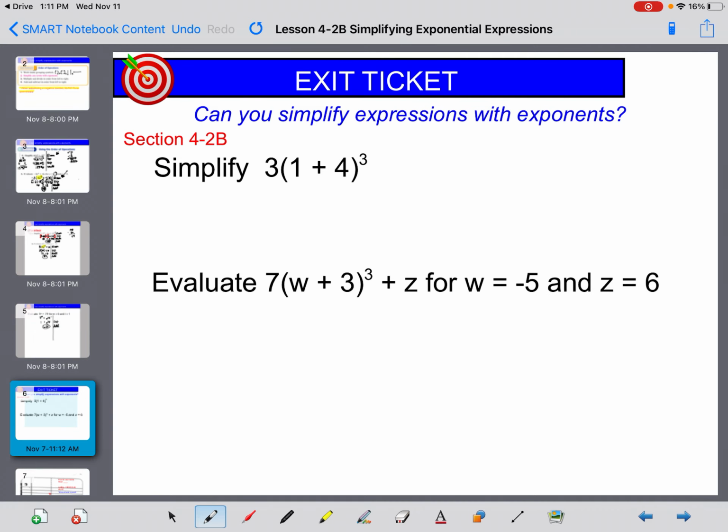The next one, 3 times 1 plus 4 in parentheses to the third power. I need to simplify my grouping first. 3 times 5 to the third, parentheses. Then I need to simplify my exponent. Make sure you take 5 to the third before you take 5 times 3. 5 times 5 is 25. 25 times 5 is 125.